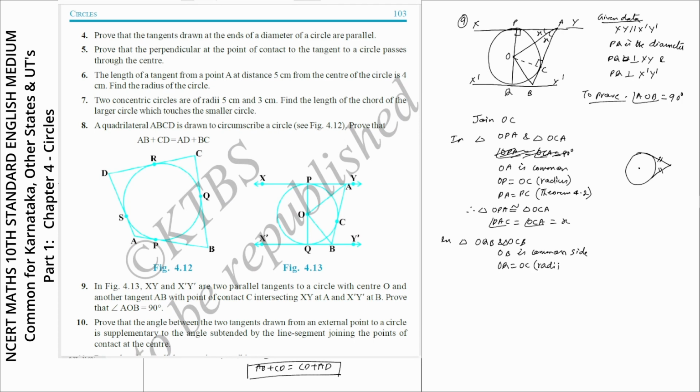I'll write radii, because that will be the correct term. In singular we say radius, in plural we call it radii.